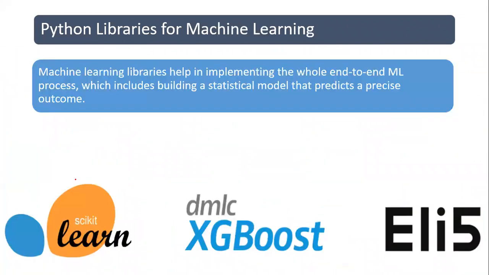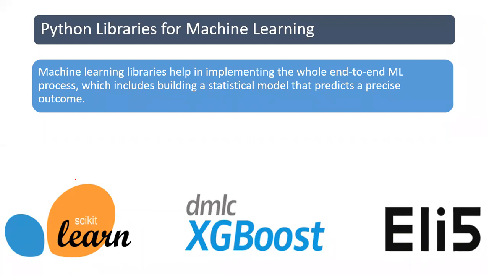The same way, finally, this I'll not be touching upon, but for your information, I categorize all the Python libraries into three categories: Python libraries for statistical analysis, for data visualization, and Python libraries for machine learning.